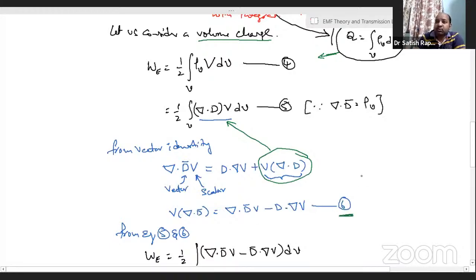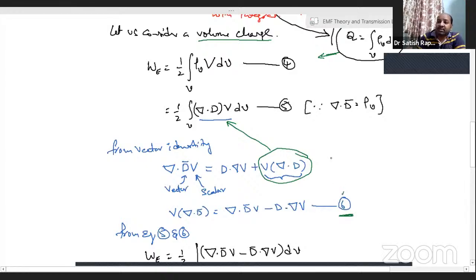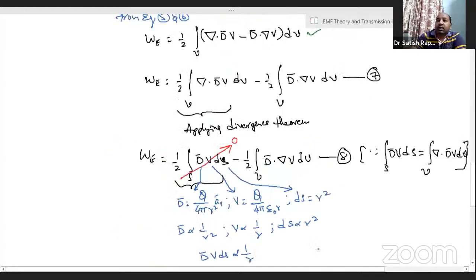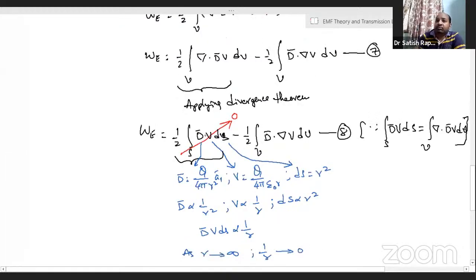So substituting equation 6 in equation 5, we will get this one, right? And we know that D bar, here again applying divergence theorem. So divergence theorem is used to convert volume integral into surface integral, this one.